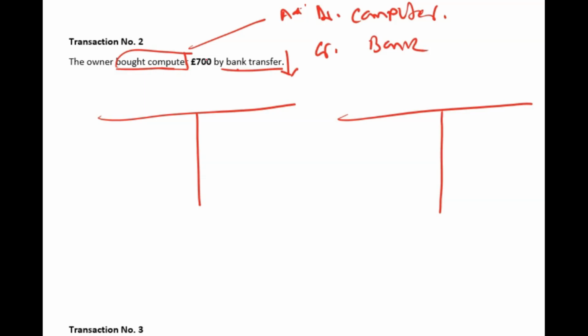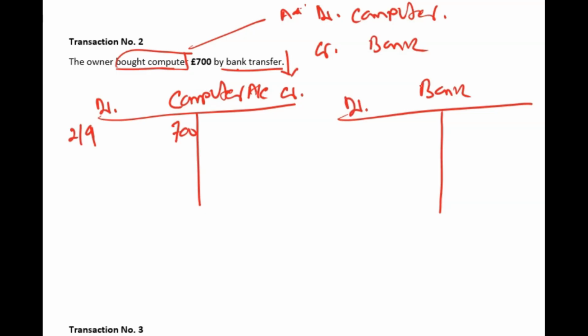So bought computer. As I told you, you need to open a computer account, left hand side DR, right hand side CR. Let's assume this takes place on the 2nd of September. Computer debit, we said. How much money? 700. And your bank account, you're losing money in the bank. Bank is a current asset, generally a debit account. If it is up, it's debit; if it is down, it goes on the credit side. This time it's down, that's why 700 on the credit side, 2nd of September.